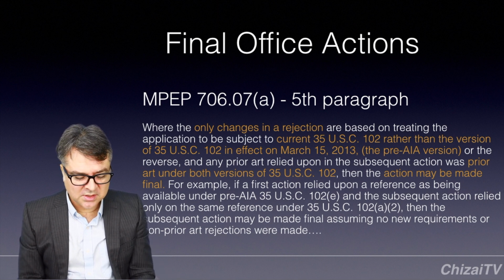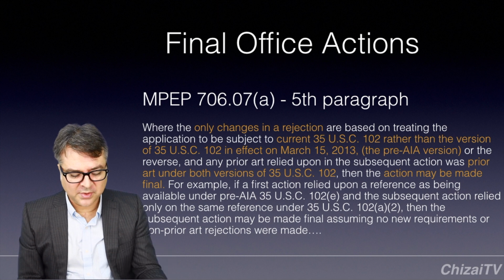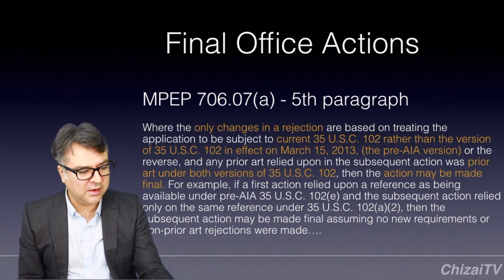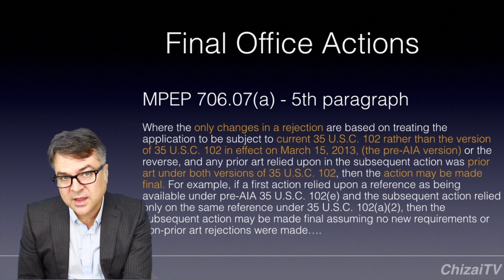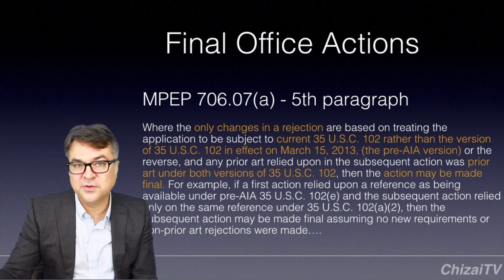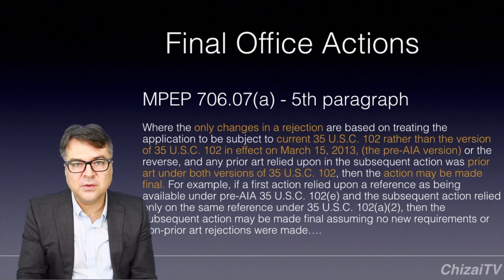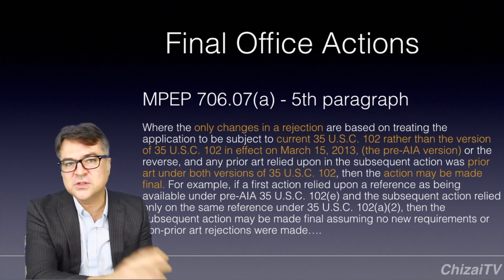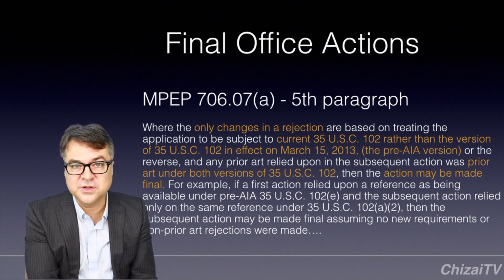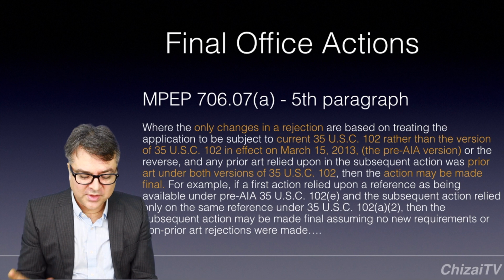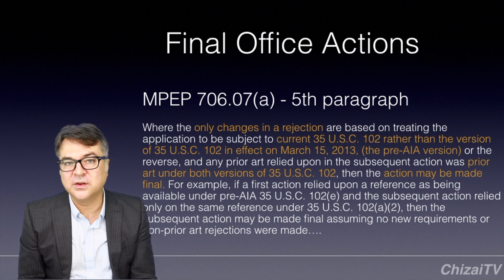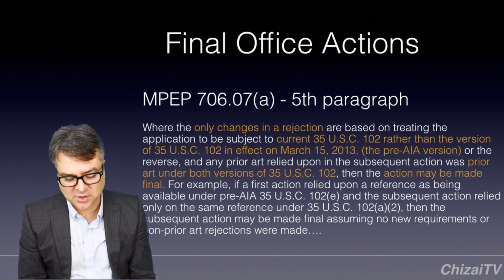So in that situation, if the application is converted from pre-AIA to AIA, and then the examiner applies the different version of 102, if the prior art that is applied was also prior art under the other version of 102, then the next action can be made final. It's not a new ground of rejection for those purposes.